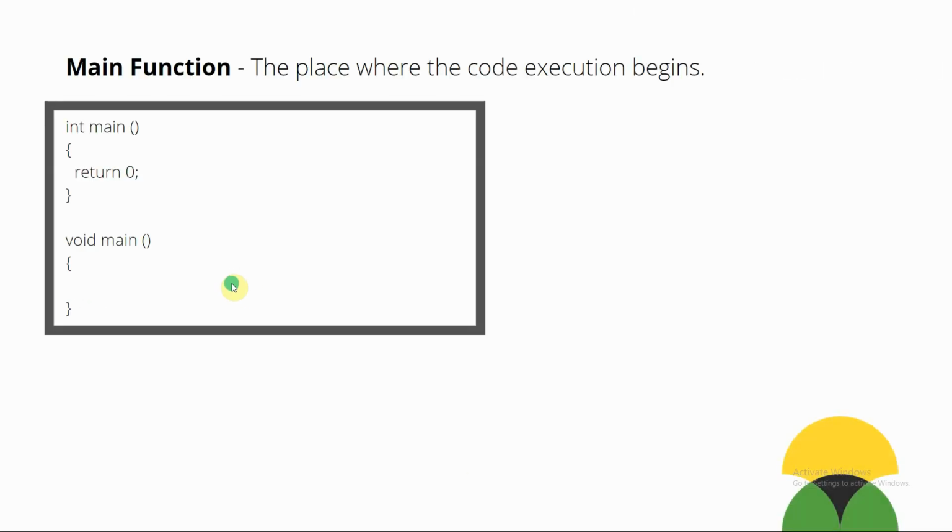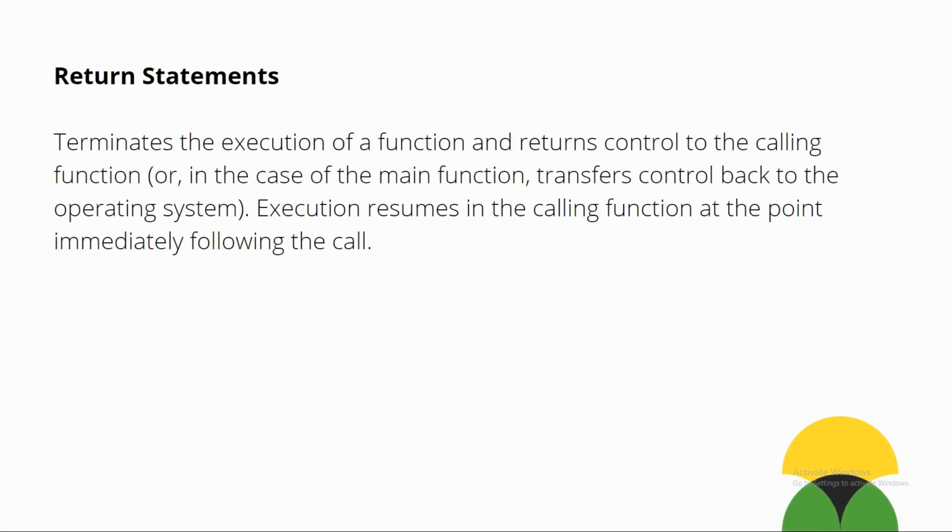So for the return statements, those are needed. By its function, it terminates the execution of the function and returns the control to the calling function, or in this case, the main function, which transfers control back to the operating system.